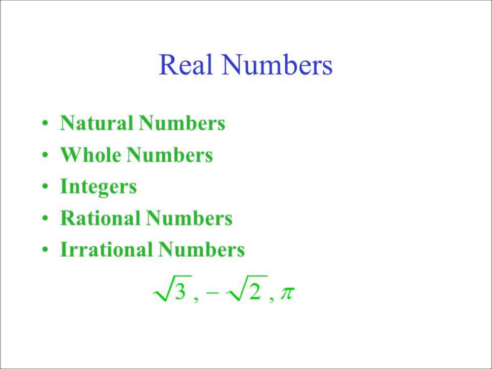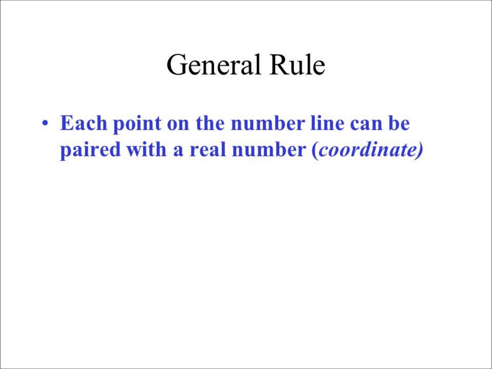So what we have is a group of 5 different sets: natural numbers, whole numbers, integers, rational numbers, and irrational numbers that make up the real number system. Now there's a general rule that we usually apply in Algebra 2, and that is each point on a number line can be paired with a real number.